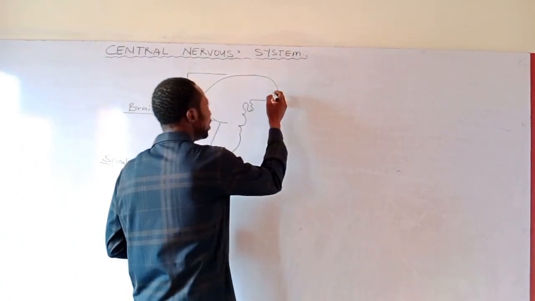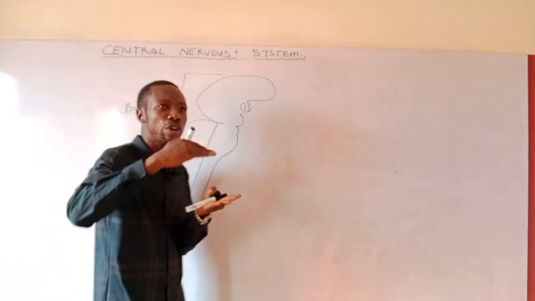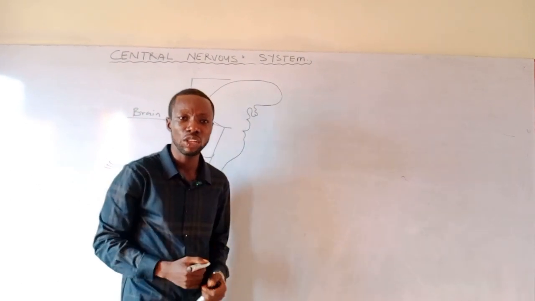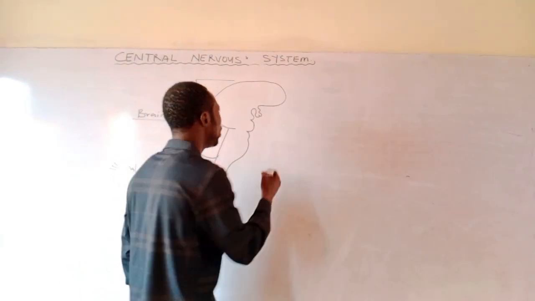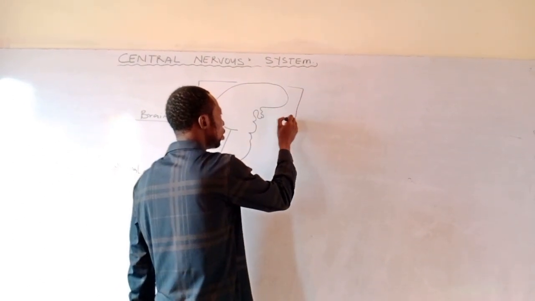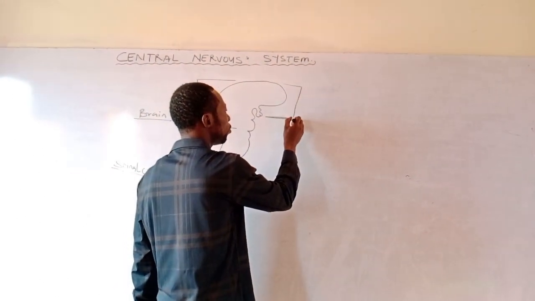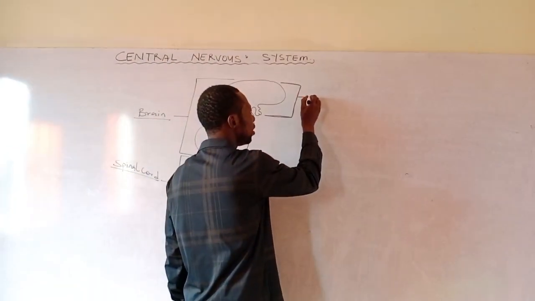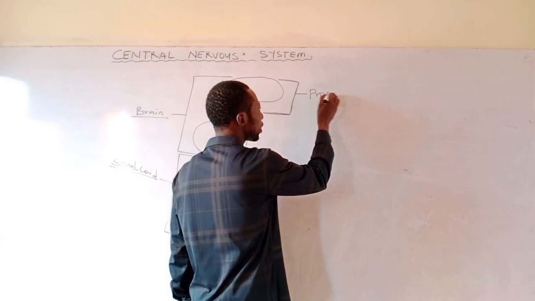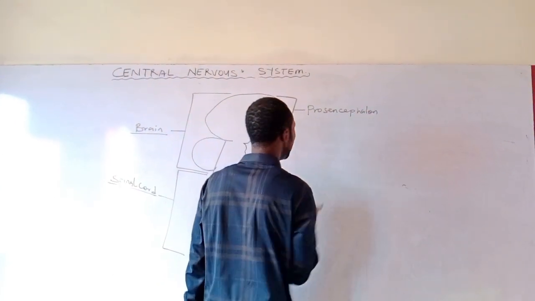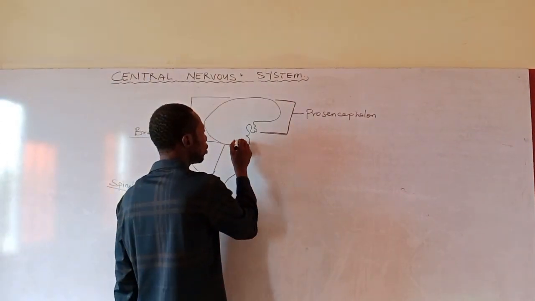The brain is broken into three different levels. We have the upper level, the middle level, and the lower level of the brain. This is the upper level of the brain, and it is called the prosencephalon.